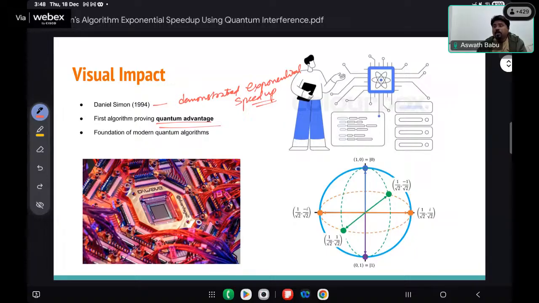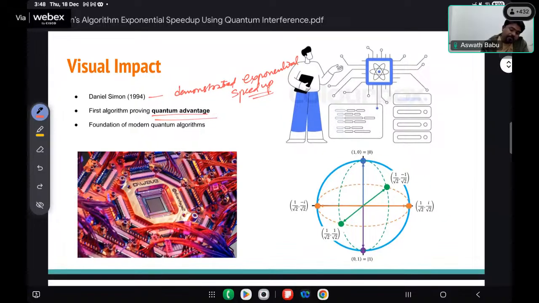This algorithm again operates on the same basis as Deutsch-Jozsa, with an oracle, or a query model, where the complexity is measured by the number of function evaluations we make. Let's see that in the later slides.